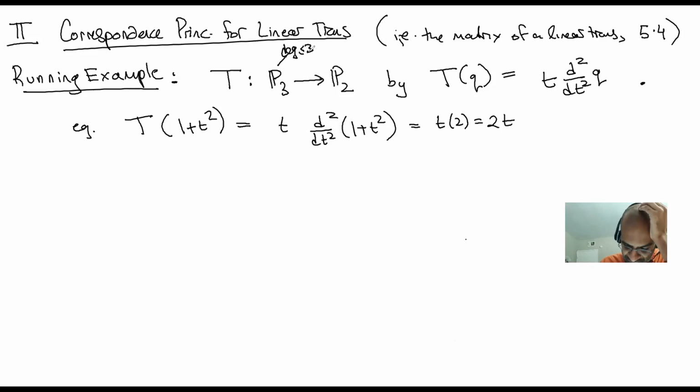So what's the degree of 1 plus t squared? 2. Yeah, so in particular, it's degree at most 3. So it's a valid element of P3. Is that okay? Yeah, thank you.